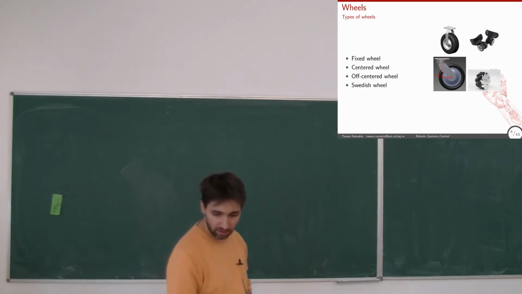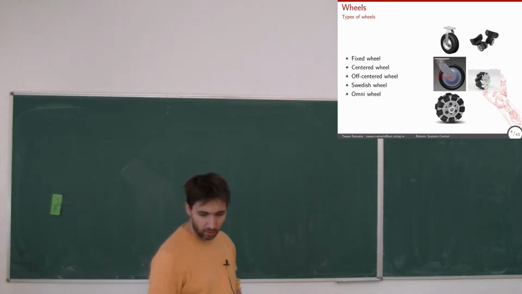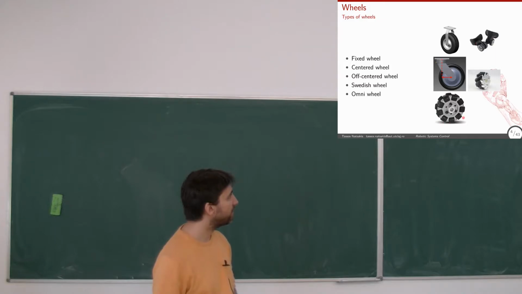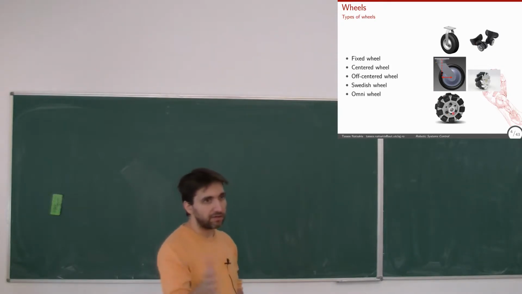There are some more weirdly shaped wheels, like this Swedish wheel, it's called, or these omni wheels that are very used in robotics as well. Basically, the benefit of this one, do you know what it is? Can you understand from the design? Yeah, it allows movement in this direction, powered by the motor, okay? But it can also slide laterally.